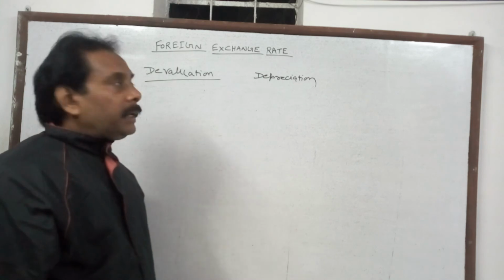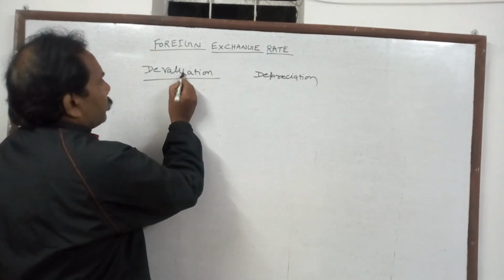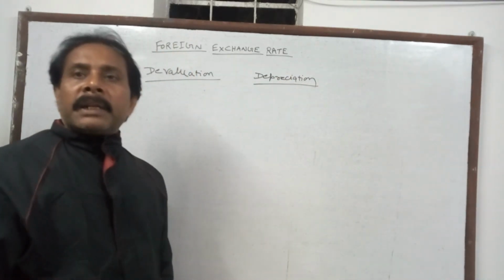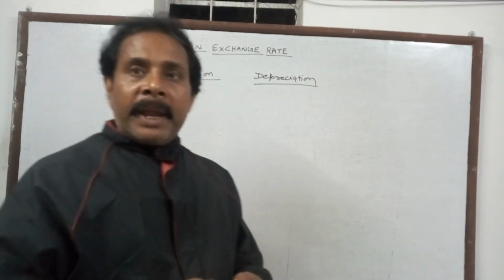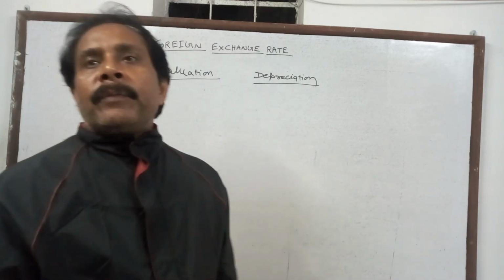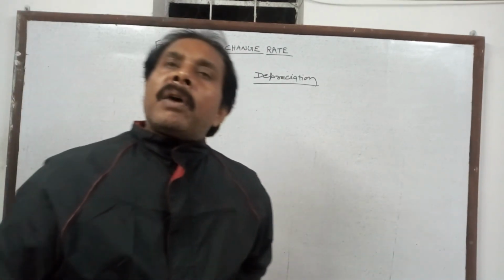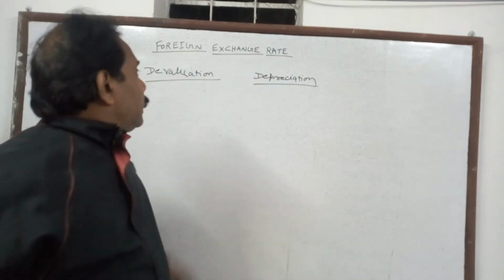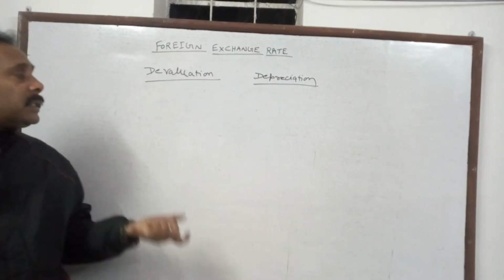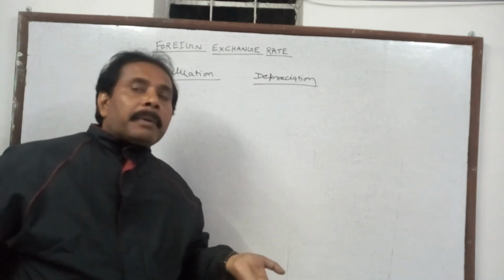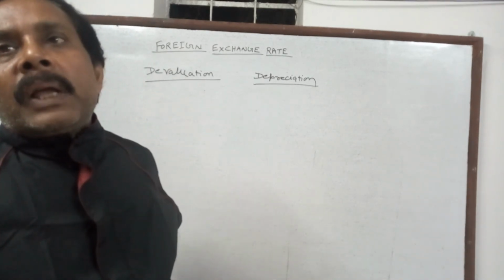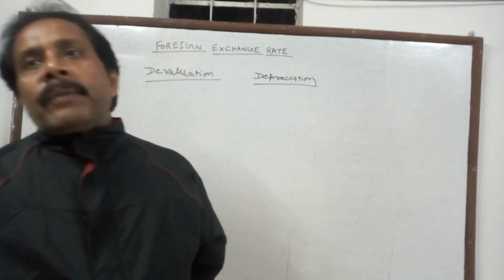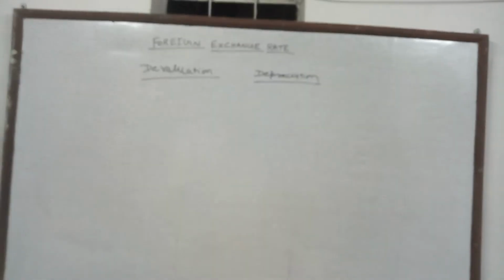One is devaluation and the other is depreciation. So what is devaluation? Devaluation refers to reduction in the value of domestic currency by the government. Here the domestic currency value is declined by the government. That is known as devaluation.